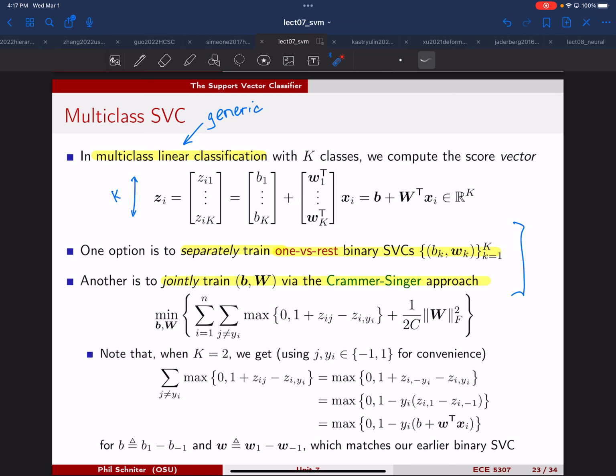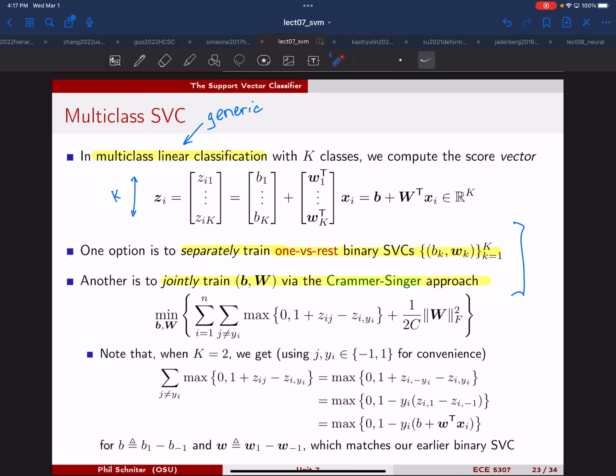And that's what you tend to find when you experiment with these things, that this Kramer-Singer approach works better, but it's more expensive to do this optimization because it involves a lot more variables. But it's also a convex problem, and you can definitely solve it. It just, the code takes a little while to run. Okay. All right, so any other high-level questions before we launch into the details here?